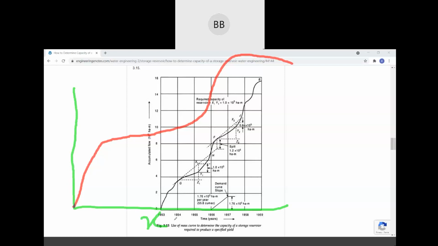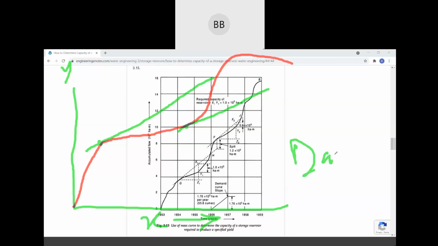So this is your x-axis, this is your y-axis. Suppose you have identified this is your flood point, this is your dry point. You draw tangents, and these tangents should be parallel to each other, or else sometimes we have a demand line.